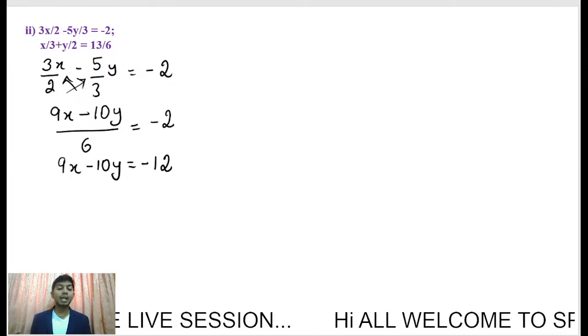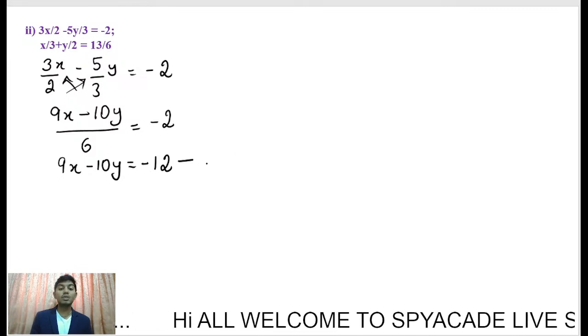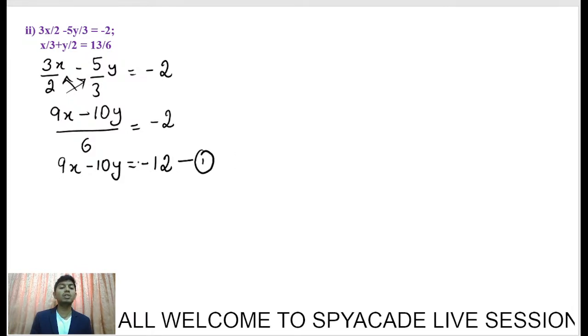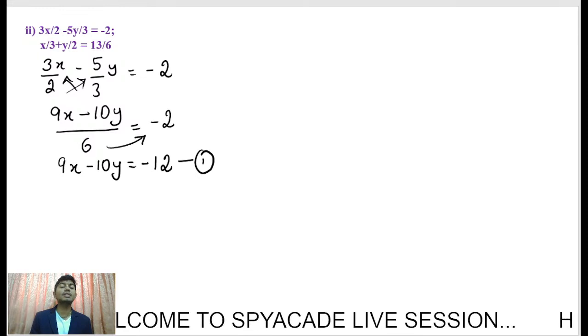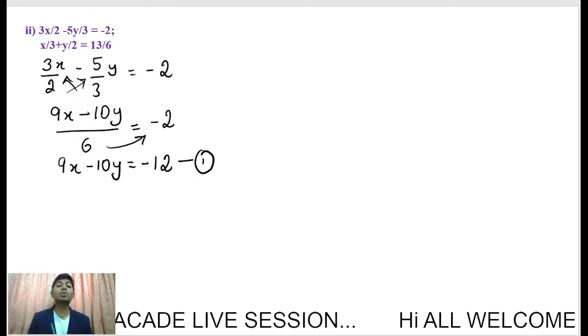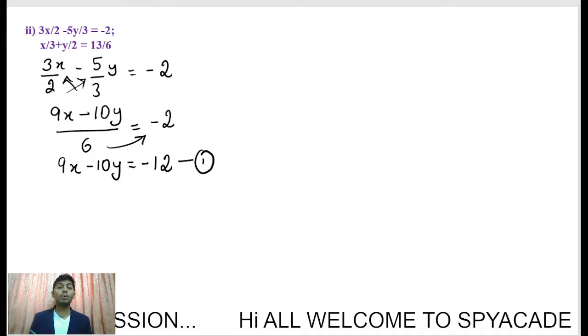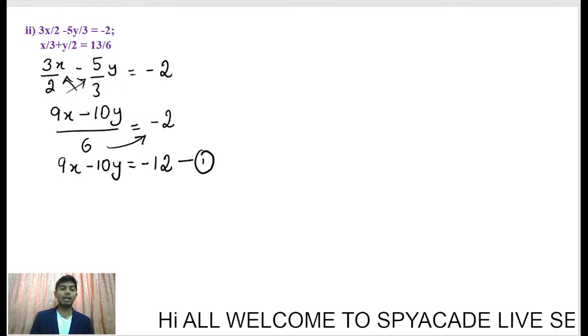So this is going to be the first equation. How did this minus 12 come? Because this 6 was there in the division, so we brought it to the other side and multiplied. So we got minus 12.